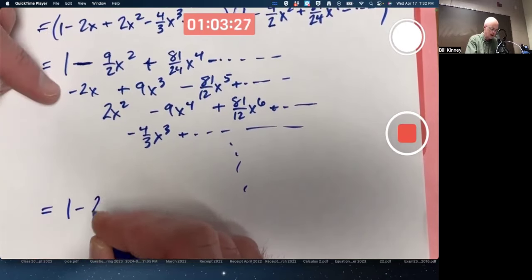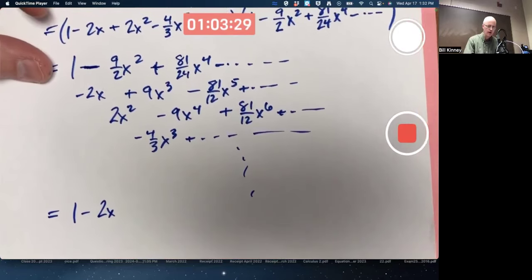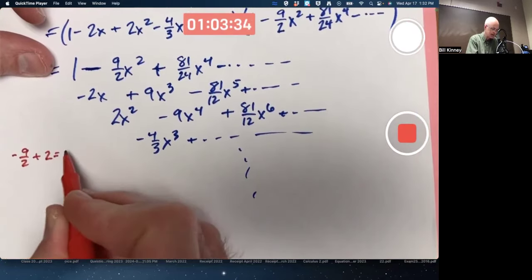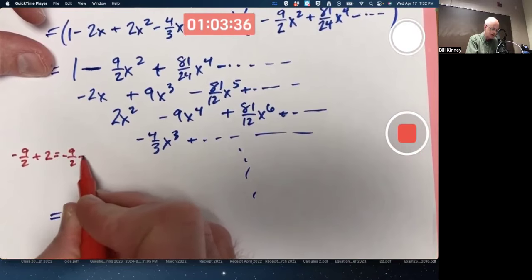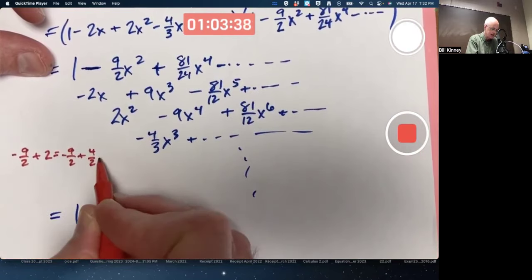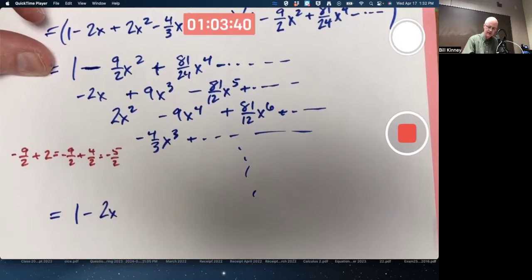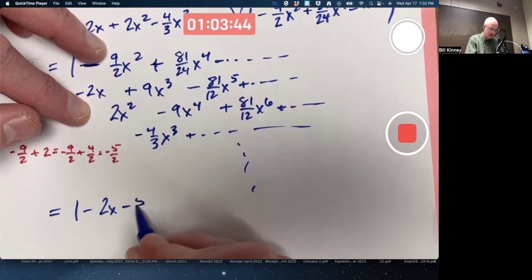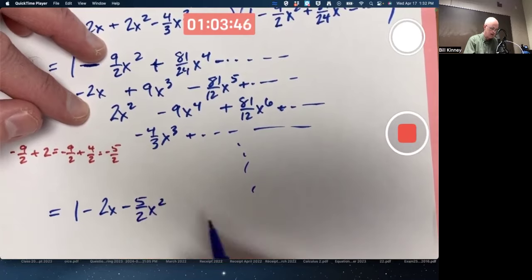1 minus 2x. Okay, now we need to do a little fraction work. Negative 9 halves plus 2 is negative 9 halves plus 4 halves is negative 5 halves. Looking right there, that gives me minus 5 halves x squared.